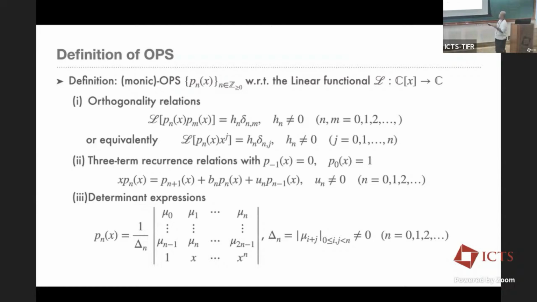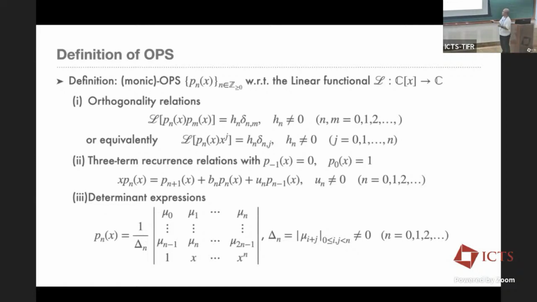Here we are assuming monicity, but basically an orthogonal polynomial system with respect to the linear functional L can be defined by this one or this one or this one. All of them are equivalent. Here is the standard orthogonality relation for Pn and Pm. But it can be rewritten in this way, with Pn and some monomial x to the j.